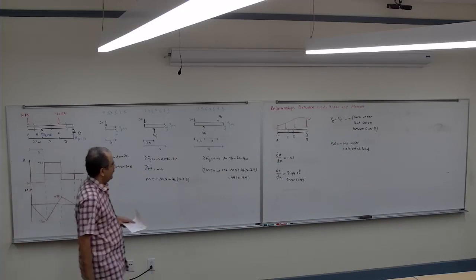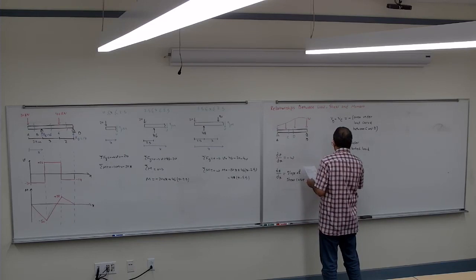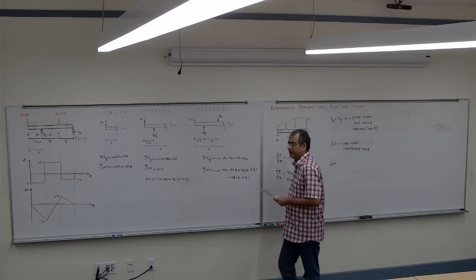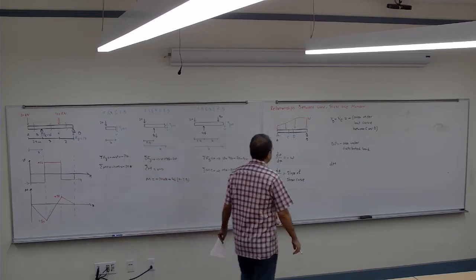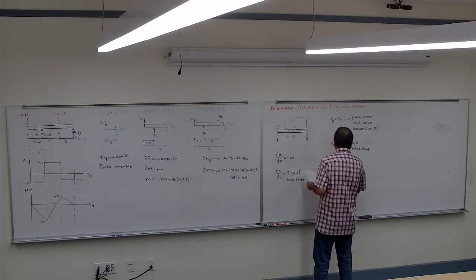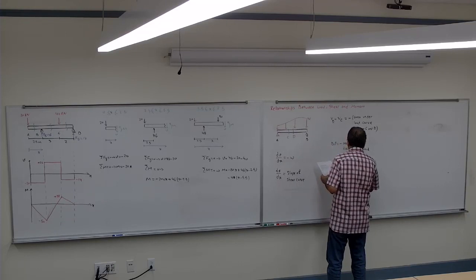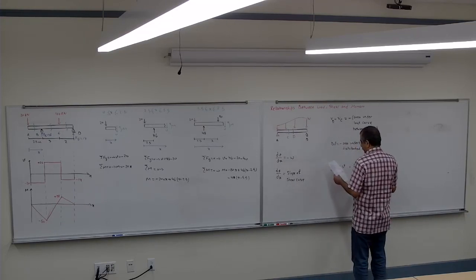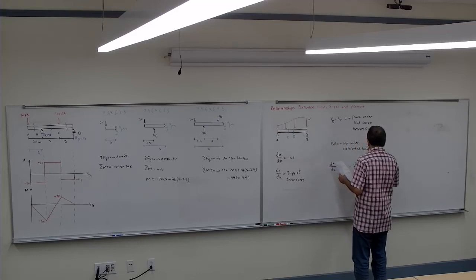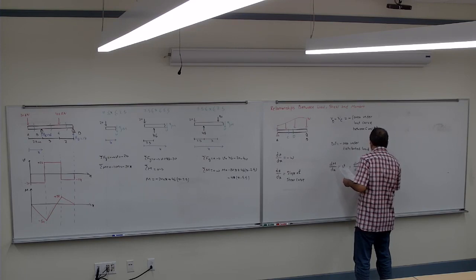Then what we have is dM over dx equal to V, where dM over dx is the slope of the moment curve under the distributed load.